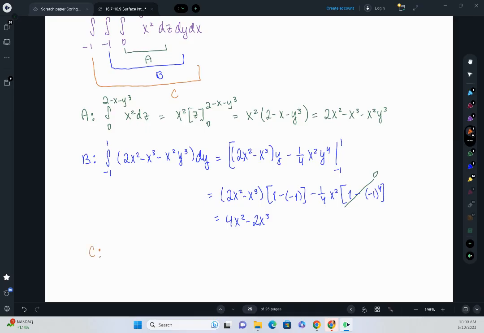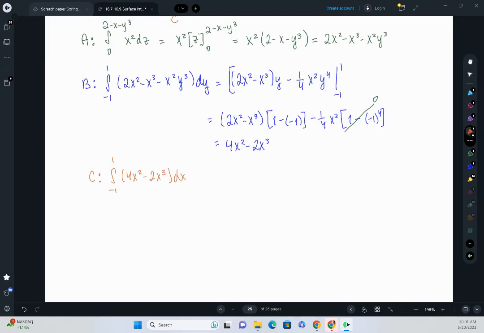All right, so C, the bounds are minus 1 to 1. The integrand is 4x squared minus 2x cubed, and this is dx. So I integrate that, I get 4/3 x cubed minus 2/4, which is a half, x to the fourth, from minus 1 to 1. This gives me 4/3 times, evaluating from minus 1 to 1, I get 1 minus a negative 1 cubed.